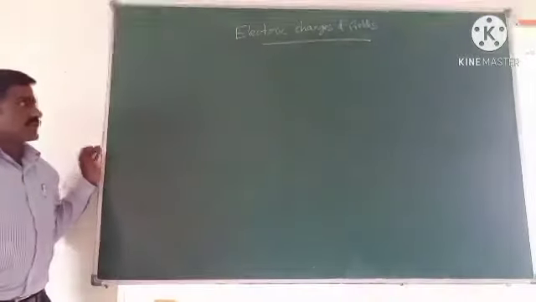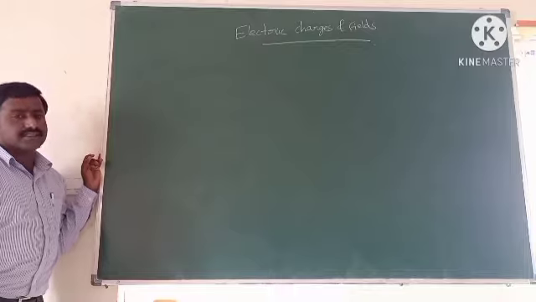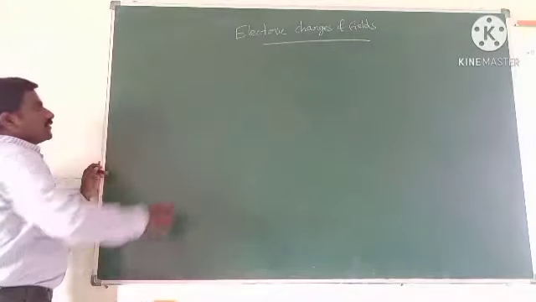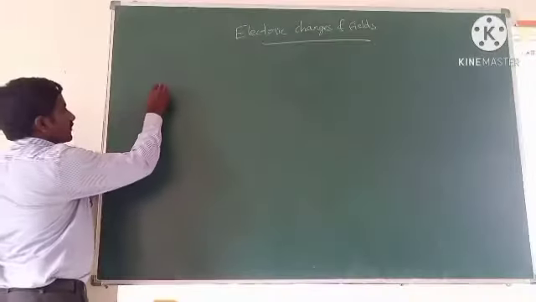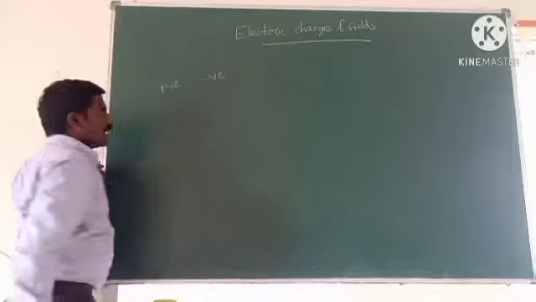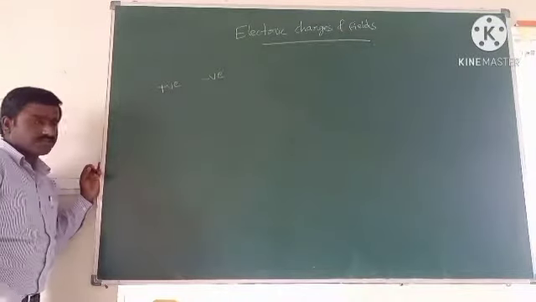In 10th class, you studied some fundamentals regarding charge. We know that there are two types of charges: one is positive charge and the other is negative charge. Electron has negative charge, proton has positive charge.